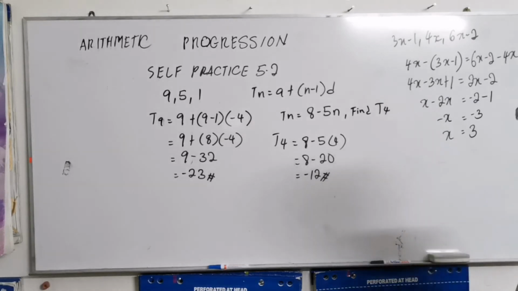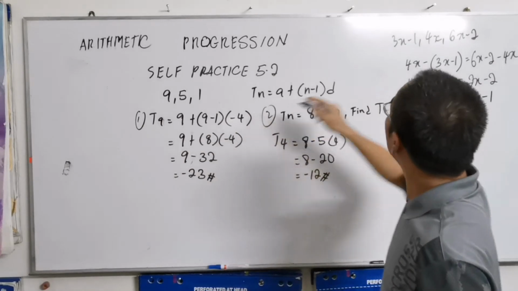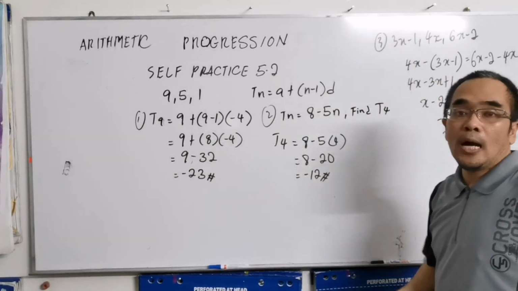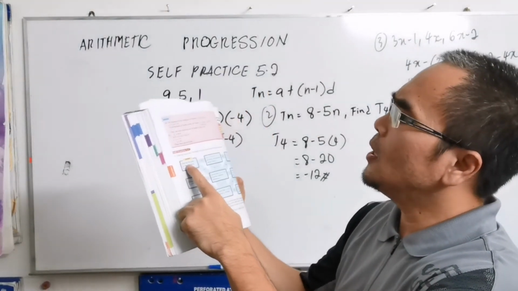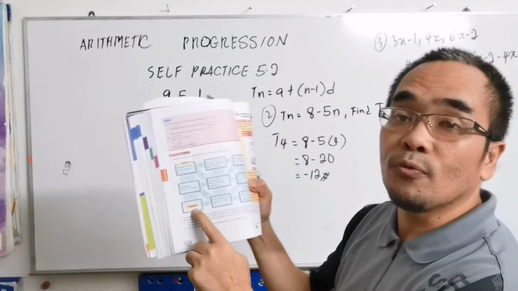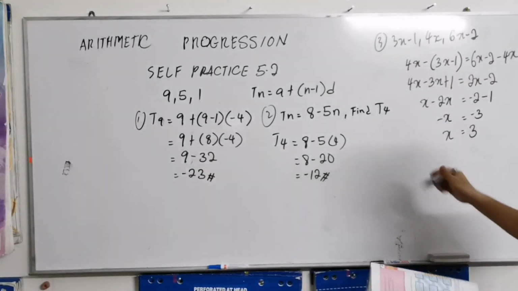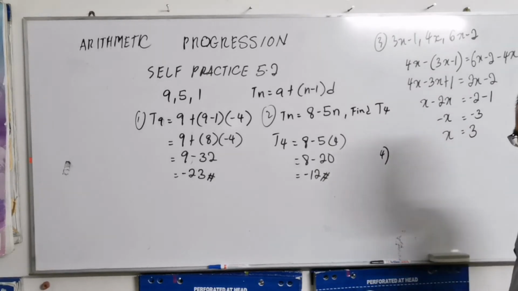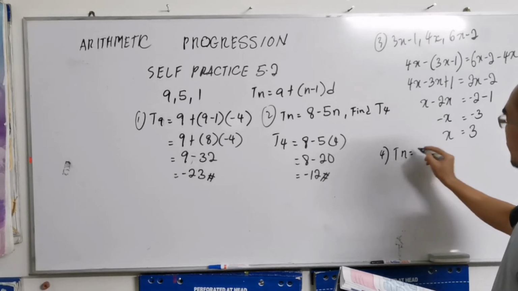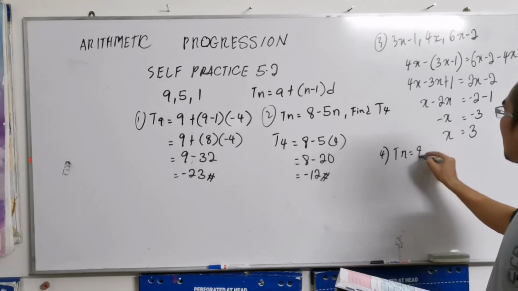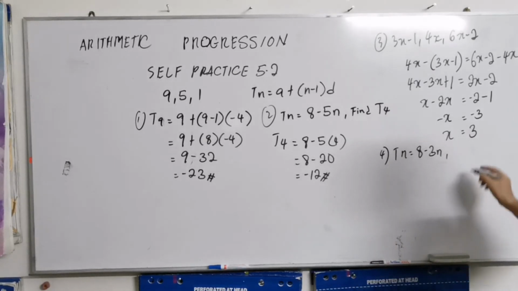Okay, this is the first question, second question, third question. Actually, I'm not attempting to start from the start and then go to the finish, but I'm going to do all of these questions. Number 4 will be Tn equals 8 minus 3n. Find D, the common difference.